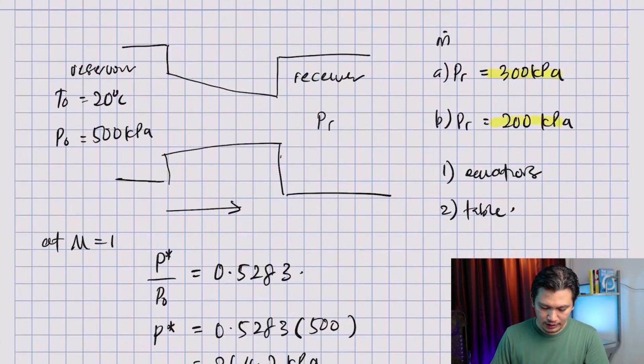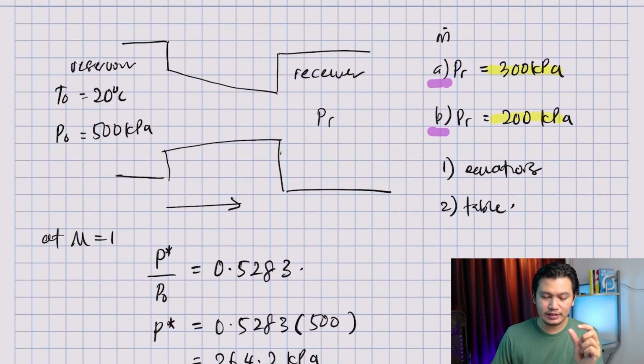So obviously, let's take a look at our two cases. We know now that for case A, the pressure is 300 kilopascal, so the pressure difference between the reservoir and the receiver is not large enough for Mach number to equal 1. So basically, in this case, Mach number is less than 1.